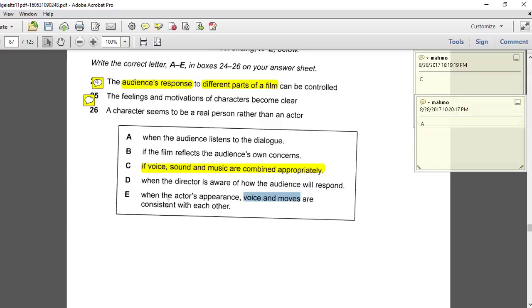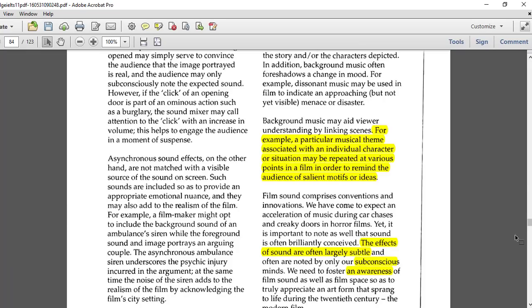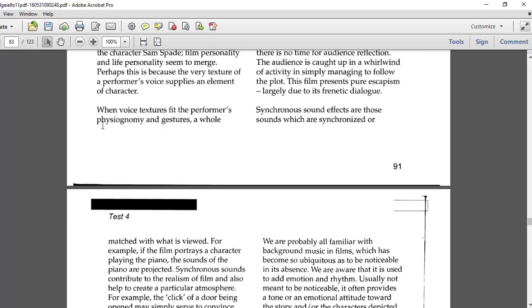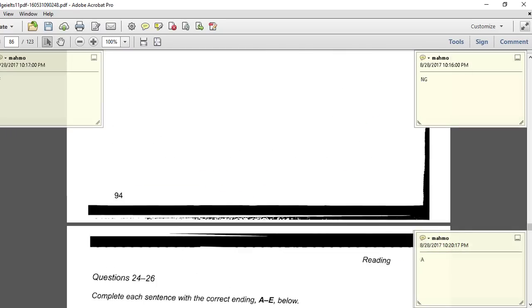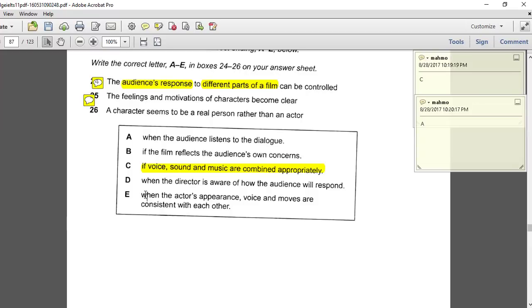Its gestures are consistent with each other. These are the keywords. Get back to the passage, okay? I'll show you again. Physiognomy and gestures. It means face or appearance, and gestures, sound, and body movements. So it is number E. It's number E.